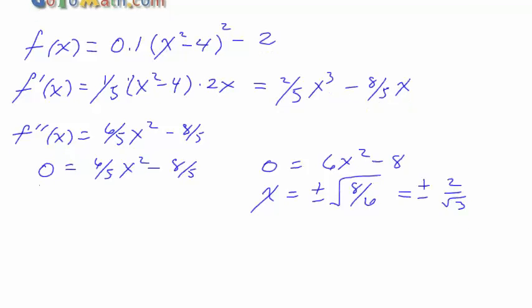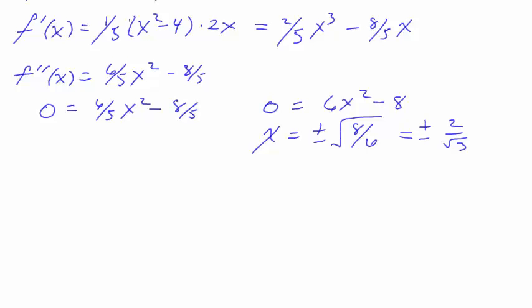Now what we'll do is a number line. Let's do the number line. I forgot, are we looking for inflection points, or what are we looking for? It doesn't matter. Let's see, negative 2 over the square root of 3, positive 2 over the square root of 3. I meant to put a square root there.